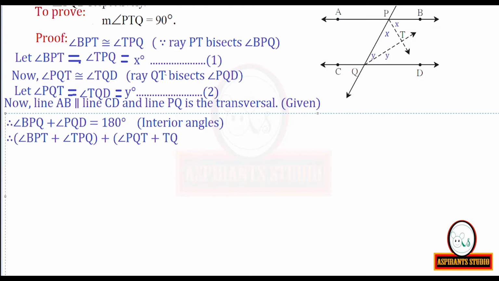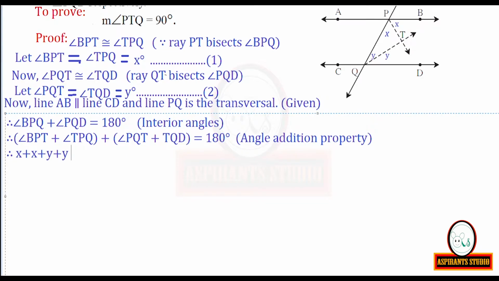Now you can write measure of angle BPQ as measure of angle BPT plus measure of angle TPQ. Similarly, you can write measure of angle PQD as measure of angle PQT plus measure of angle TQD. This is because of angle addition property.